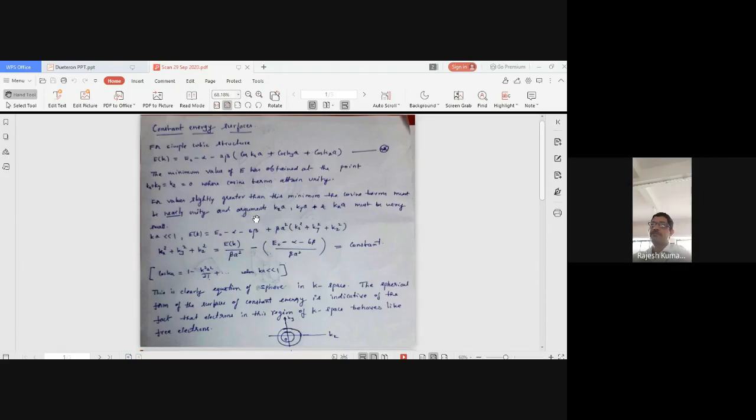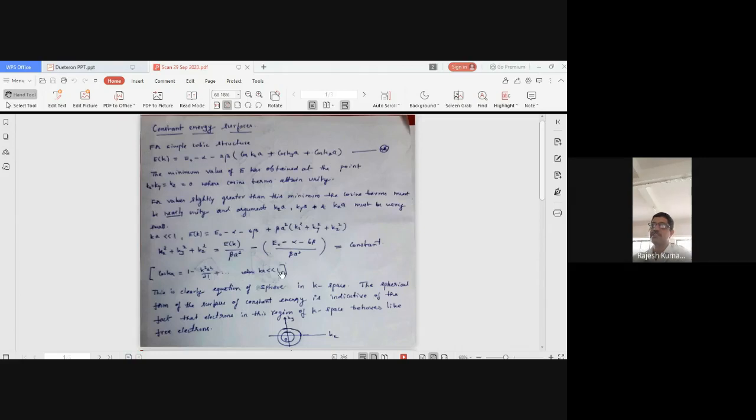So the arguments kxa, kya and kza must be very small in order to make this approximation. Under this approximation, that is ka much less than 1, we can go for the expansion cos ka equal to 1 minus k squared a squared by 2 factorial, just like in the previous case.